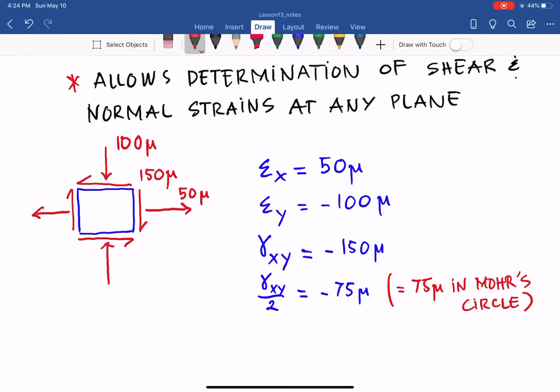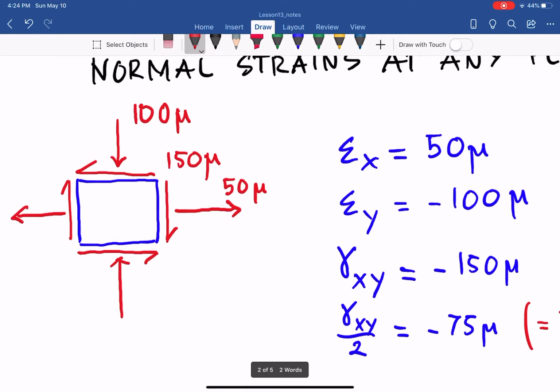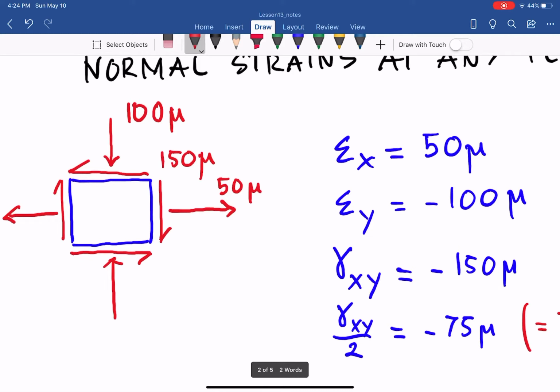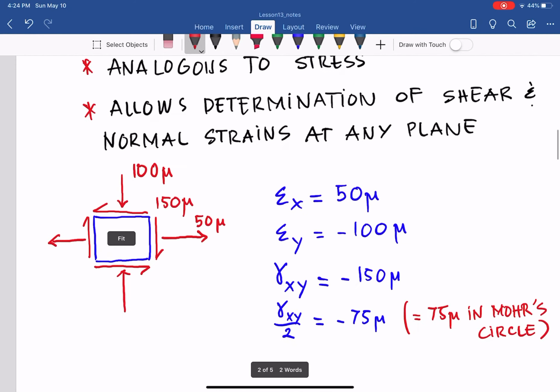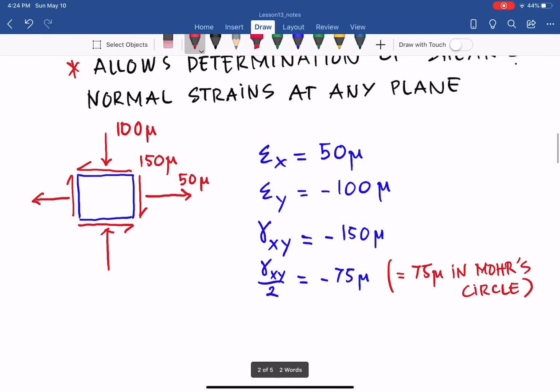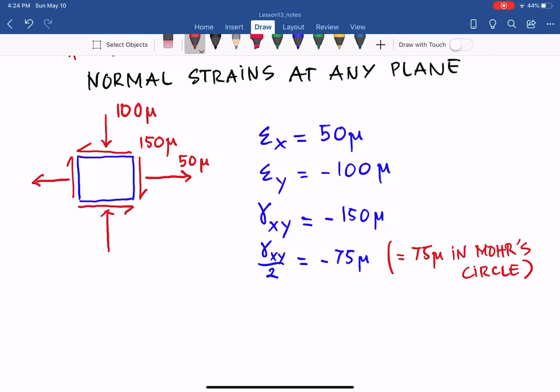Counterclockwise, negative. You can see the shear strain on the vertical plane on the right tends to rotate clockwise. So that's why it is positive in the Mohr circle and negative in the analytical method when you do the calculation.